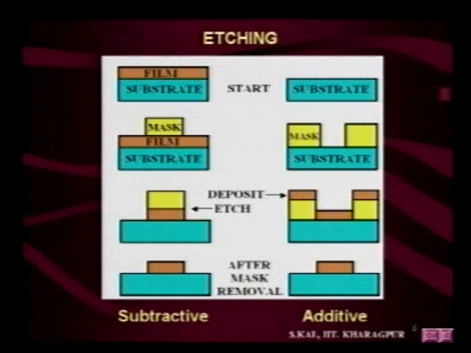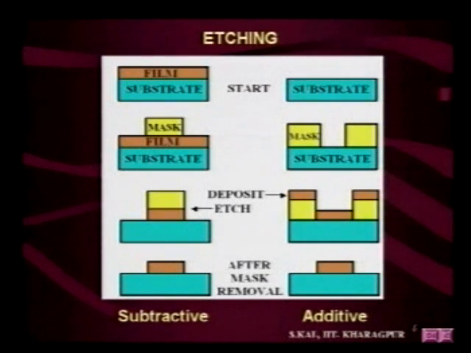Similarly, if you want to pattern, say, tungsten film, or molybdenum film, etc. The etching solution of molybdenum or tungsten will also attack the masking layer, the photoresist, and then you cannot get the pattern.